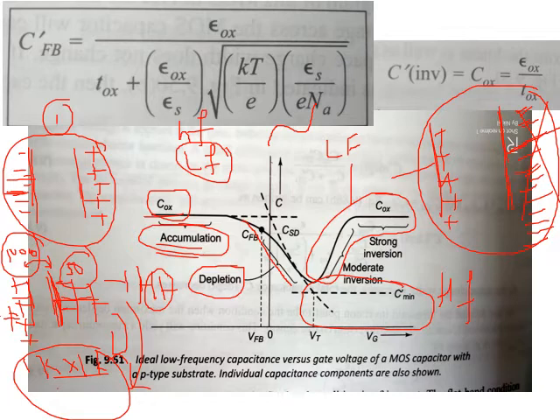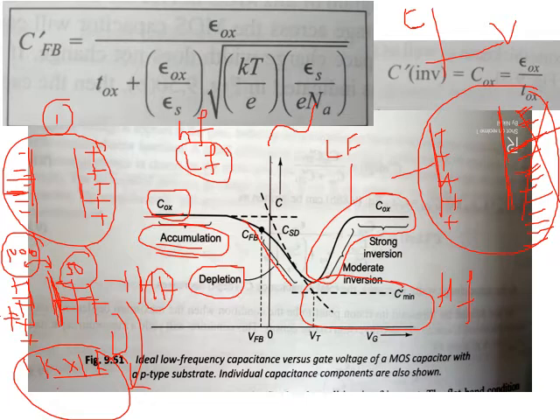Okay. What we are studying, actually yesterday we studied the capacitance voltage curve, how capacitance changes when we change the voltage, right? This graph is also indicating the same thing.